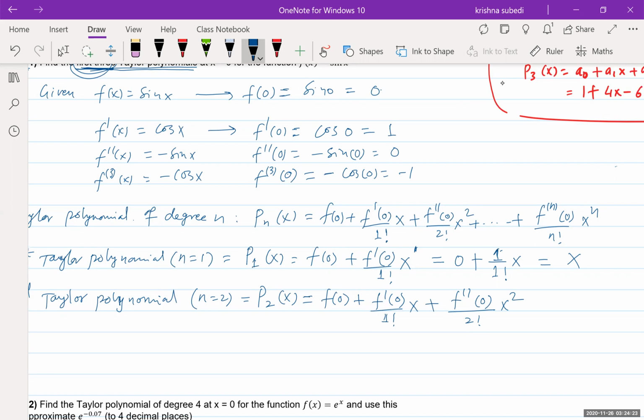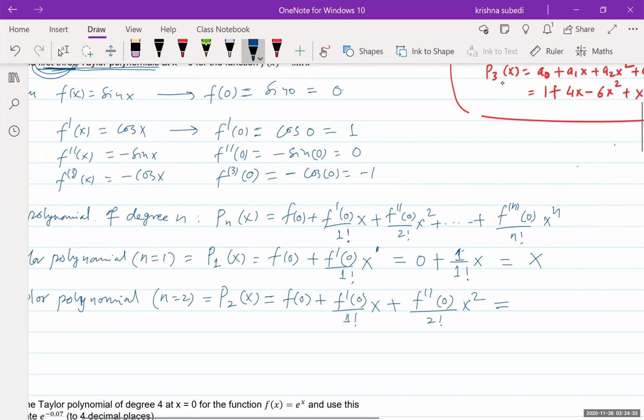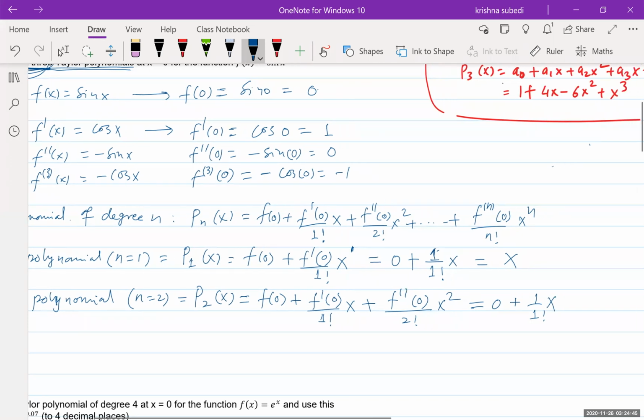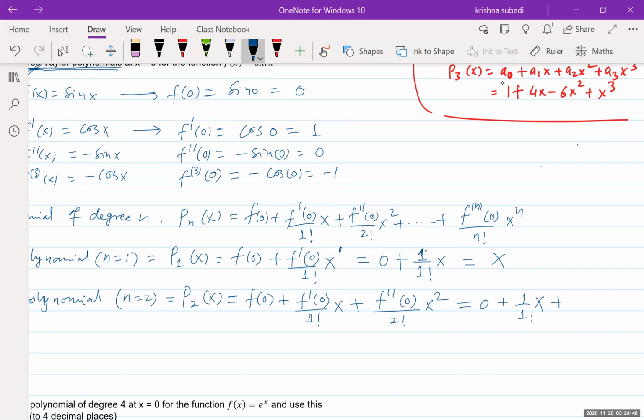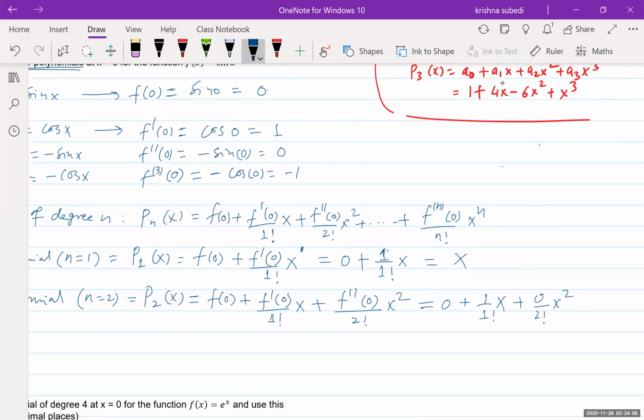Because we are writing the second degree polynomial, you just stop there, since the power of x is 2. Now substitute the values. f of 0 is 0, plus f prime of 0 is 1 over factorial 1 times x, plus f double prime of 0 is 0 over factorial 2 times x squared. So what do you get? Again, simply x.